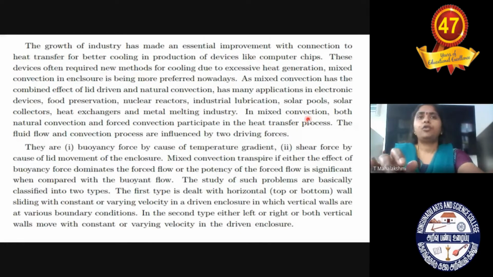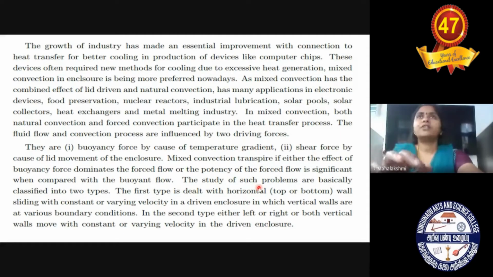And the fluid flow and the convection process are influenced by two driving forces in mixed convection mode. First is buoyancy force, which is caused by the temperature gradient, and the second one is shear force because of the lid movement of the enclosure.